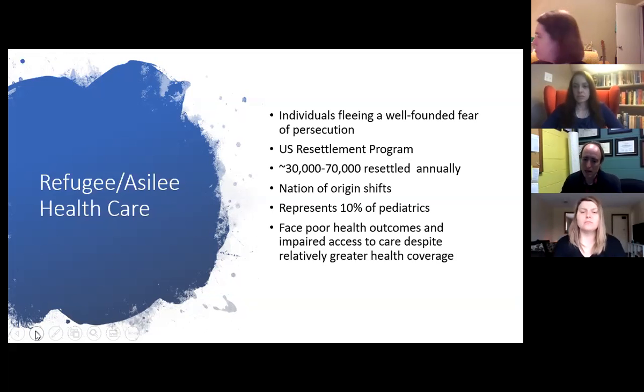And refugees or asylees, the difference is that an asylee petitions for status at their country of asylum. So someone that comes to the U.S. and wants to be integrated into the U.S. will petition for asylum, while a refugee will cross a national border, petition for refugee status, and then if they are resettled as a refugee, they'll be resettled to entirely different countries.